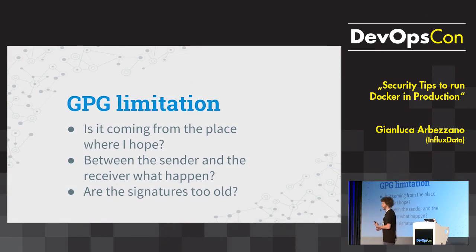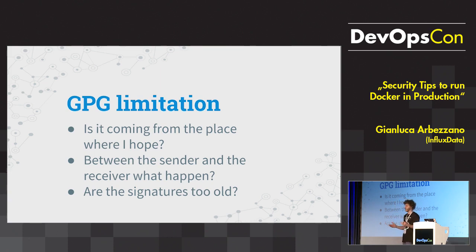And there are some GPG limitations. If you think about what you are doing, where my registry is, and the image that I'm downloading, I hope it's really coming from Docker Hub, or is there something in the middle changing traffic and I'm downloading something else?